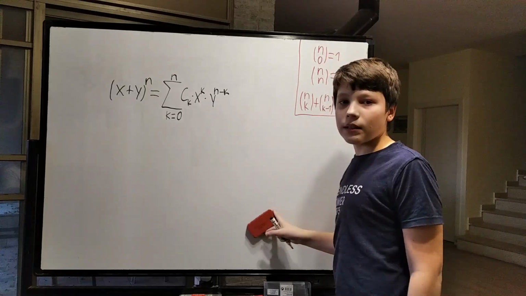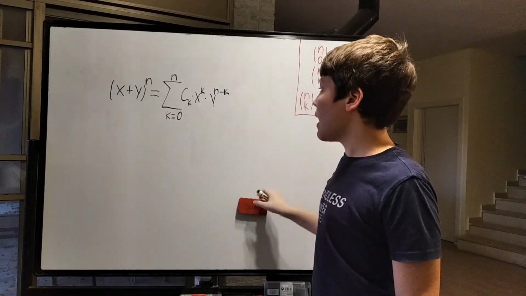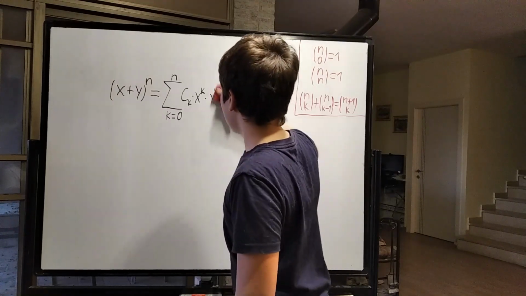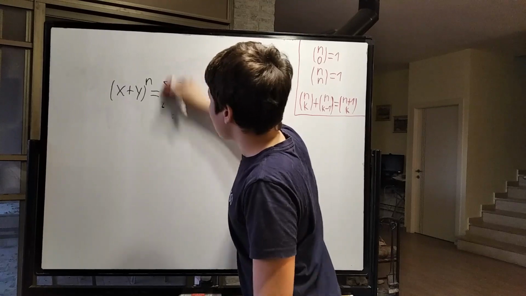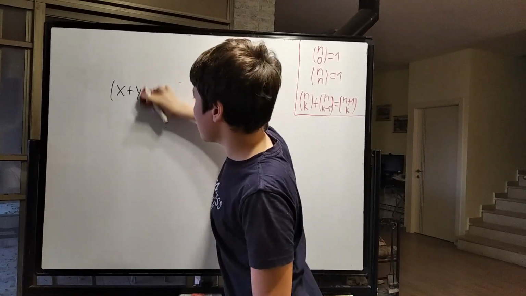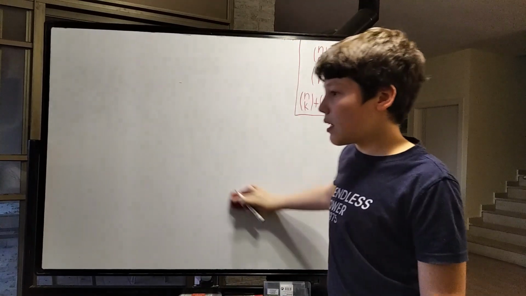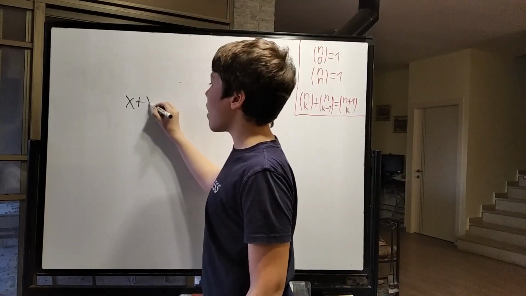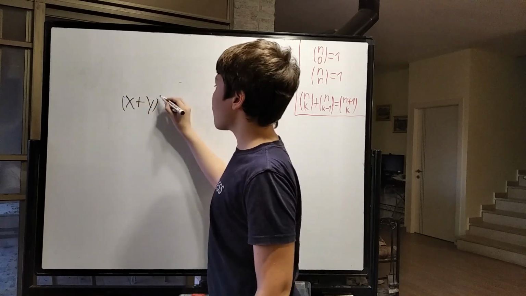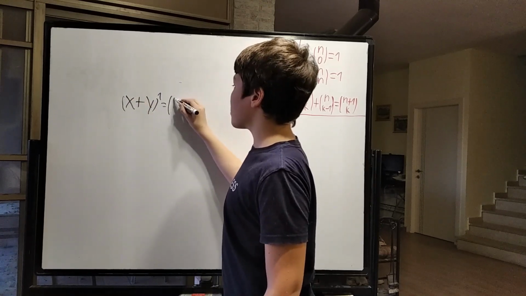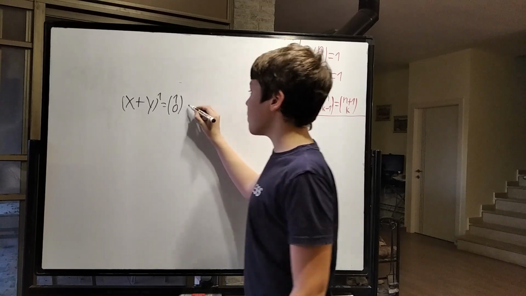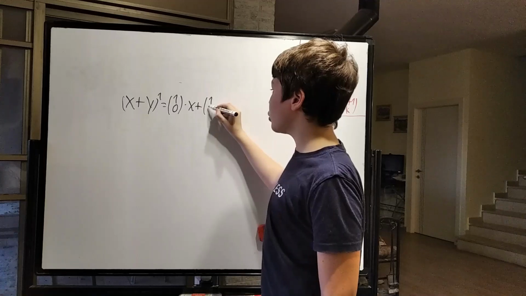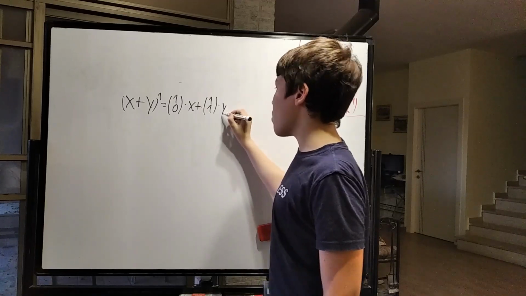Alright, now let's actually do this. So we will check the base case. Is x plus y to the first power equal to 1 choose 0 times x plus 1 choose 1 times y?